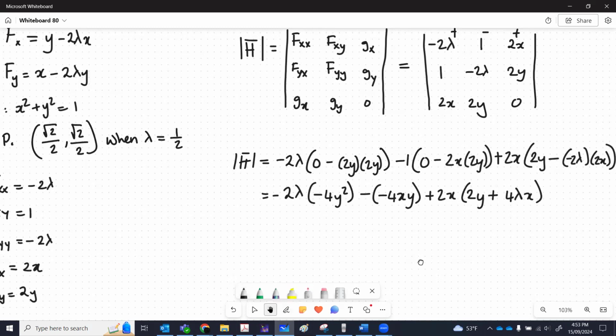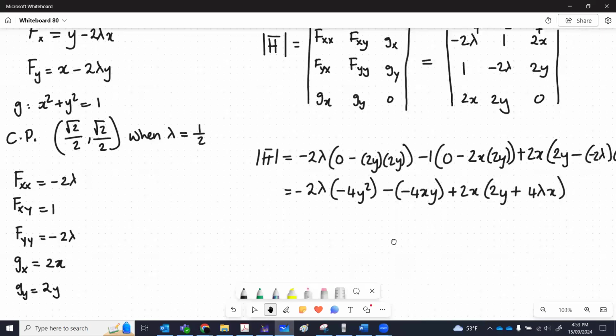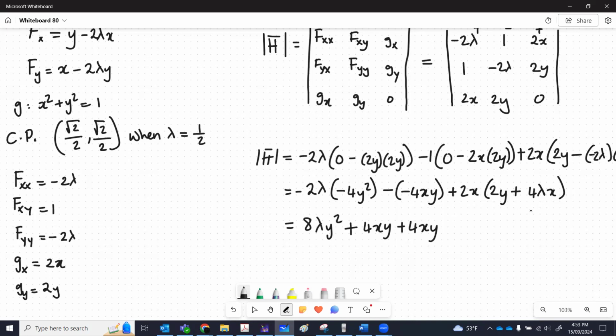So I want to multiply out our brackets and simplify. Negative and negative will give us positive 8 lambda y squared. Negative and negative will give us positive 4xy, and here we have 4xy, and this is 8 lambda x squared.